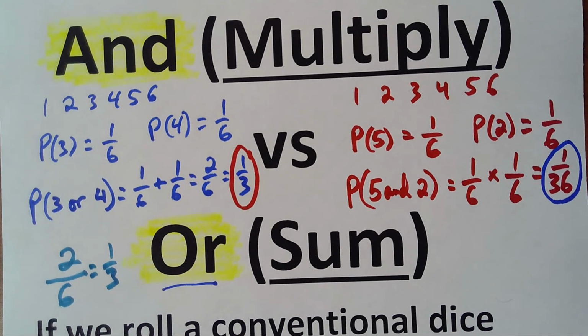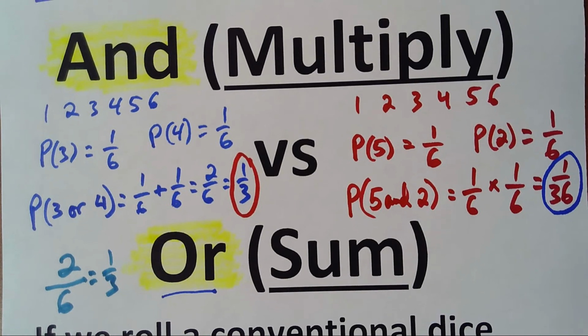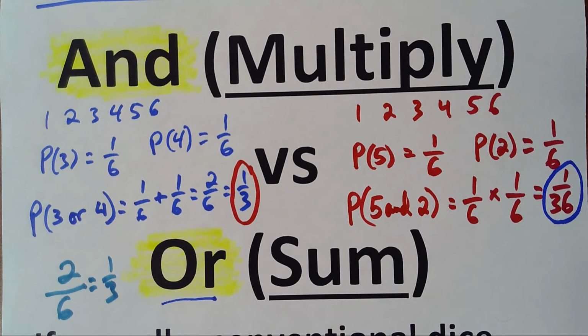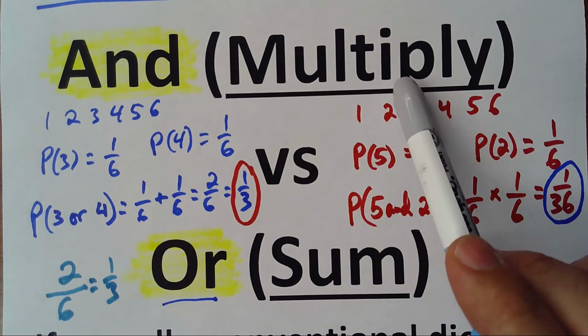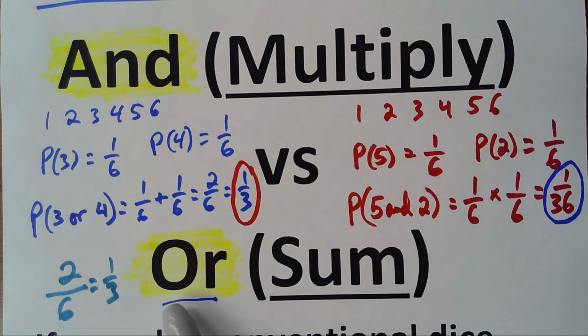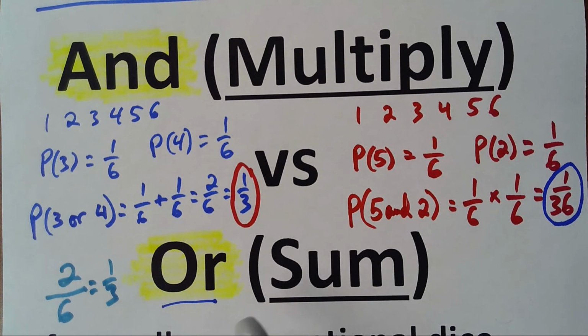So that's basically what this video is about. When you see the word "and" in probability, you will multiply. When you see the word "or", almost all the time you will add. That's a sum of the two probabilities.